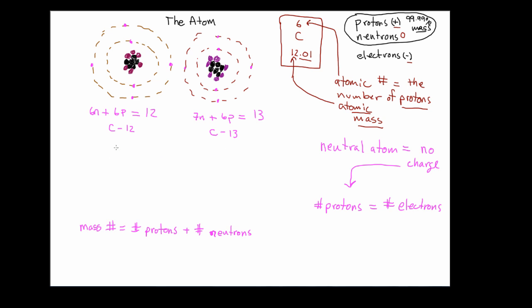Another way of representing these two atoms of the same element that have different numbers of neutrons would be this way. You'll see this notation in subsequent videos. It's called AZE notation, and I can put my atomic number, or the number of protons, in like that. You can see very simply, if we take the difference between these two numbers, you get the number of neutrons. Now, what do these two atoms represent? They represent what we call isotopes.